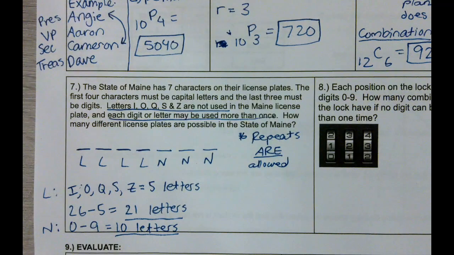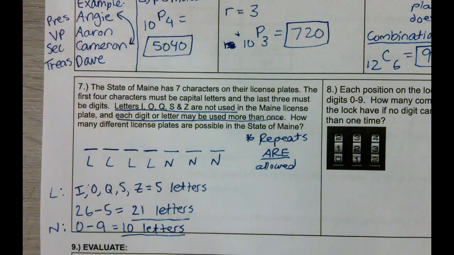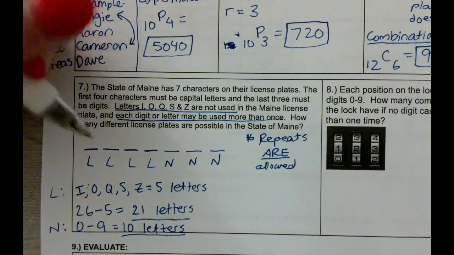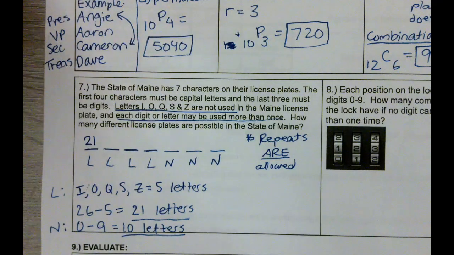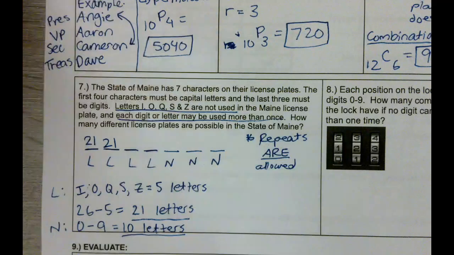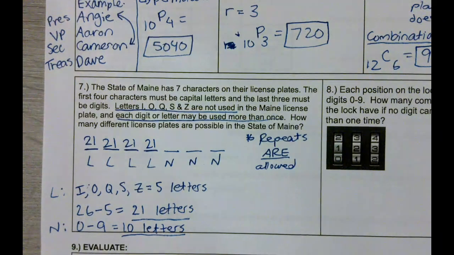You have to pay attention to this. Since repeats are allowed, I don't have to take one away every time I move to the next space. So my letters, I've got 21 to choose from. First space, I've got 21 to choose from. Second space, I'm allowed to repeat, so I still have 21 to choose from. So all 4 of these will be 21.